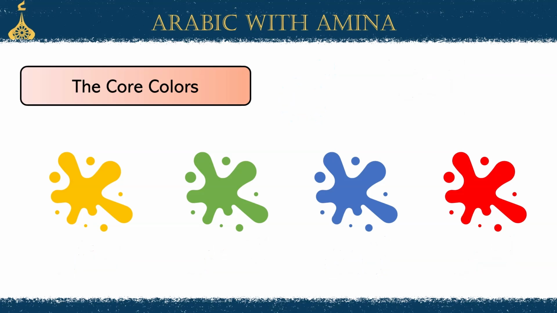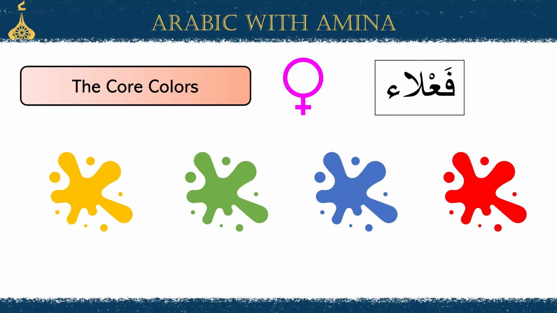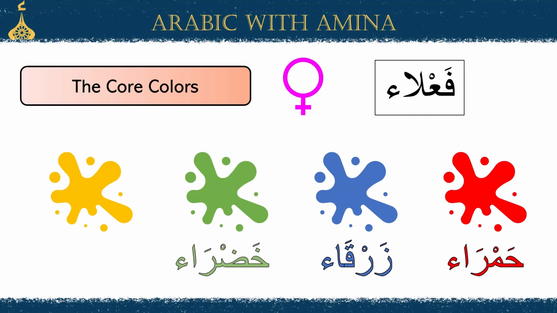To convert these to their feminine forms, we shift to the pattern فعلاء. So you get red, حمراء, blue, زرقاء, green, خضراء, yellow, صفراء.